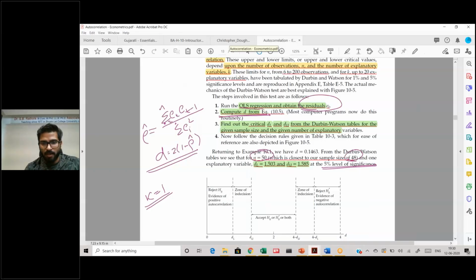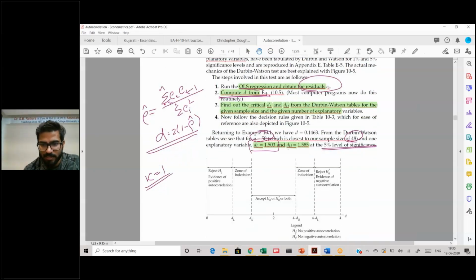Now you go back and you will find that these are the exact same values at 5%. So you have a DL which is 1.5, and you have a DU which is 1.58. And remember, this is 4 minus DU.